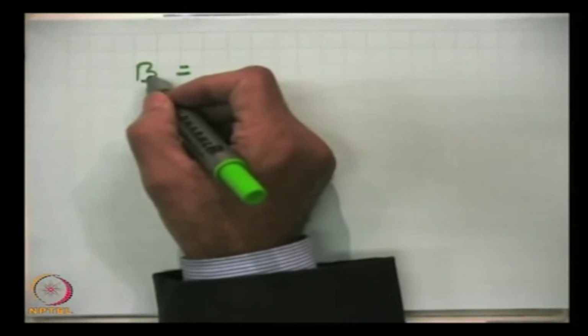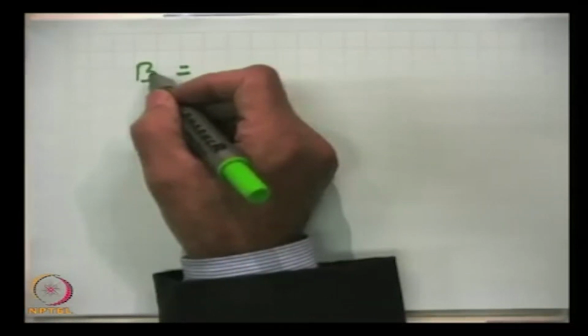this measures how efficiently the electron current in the NPN transistor has been transported to the collector.